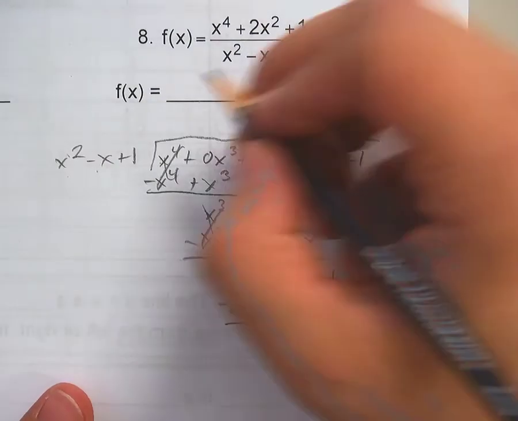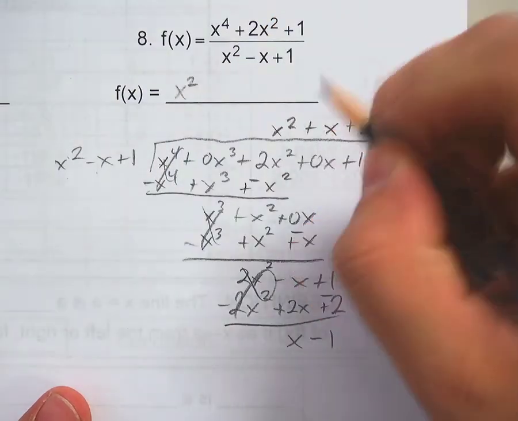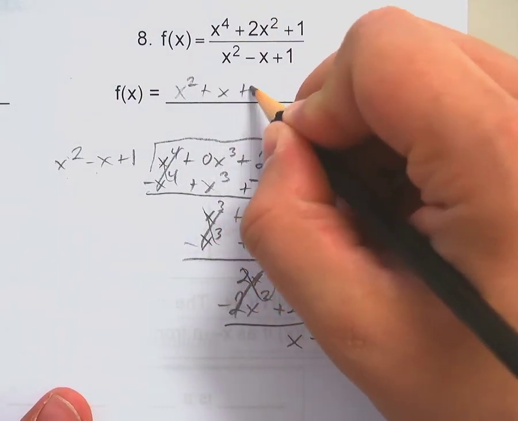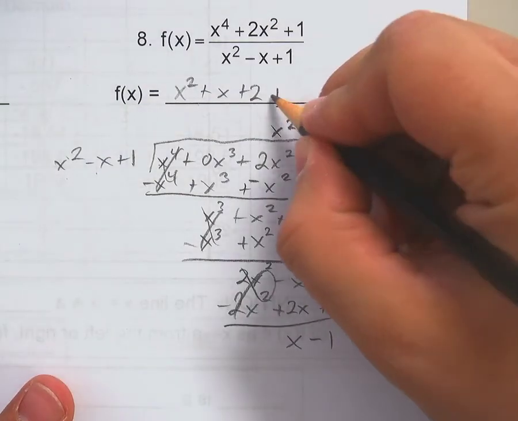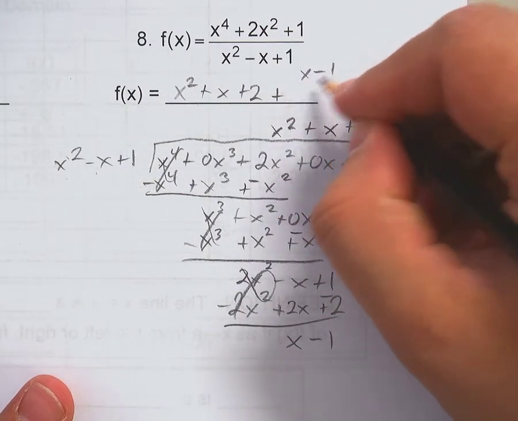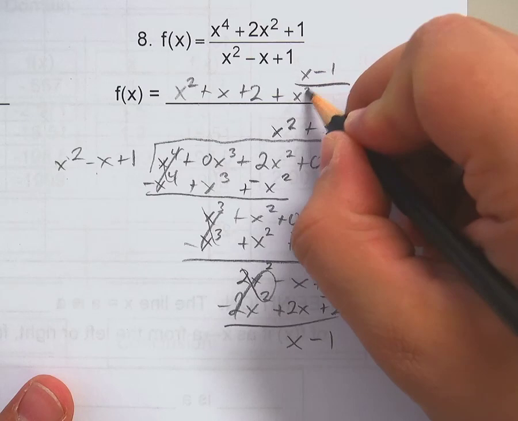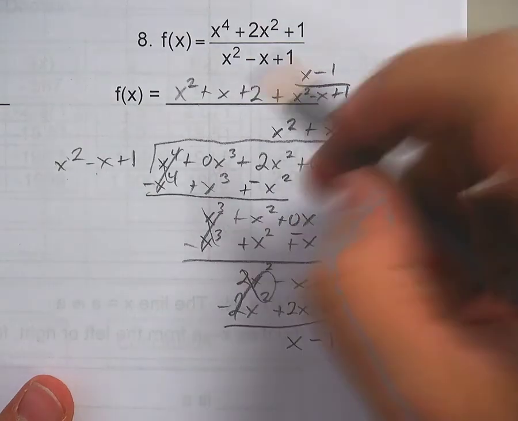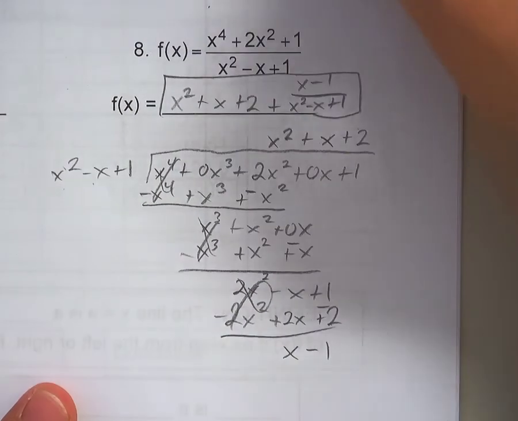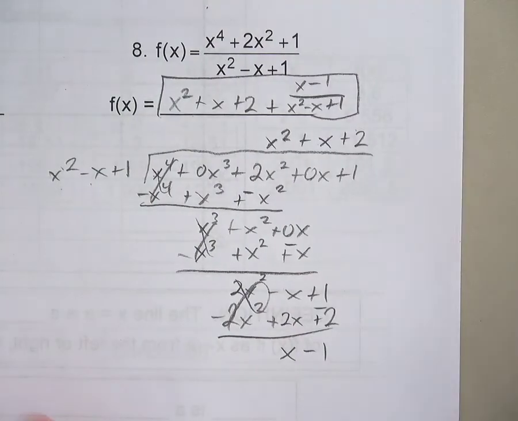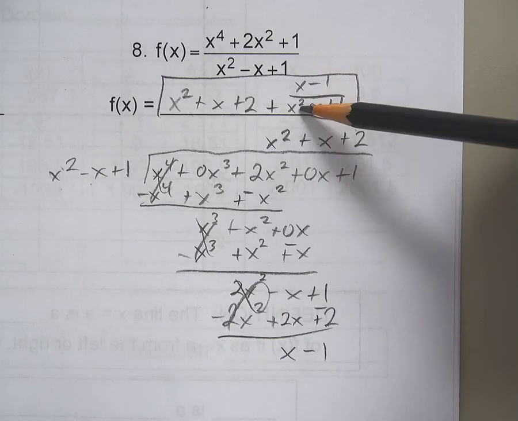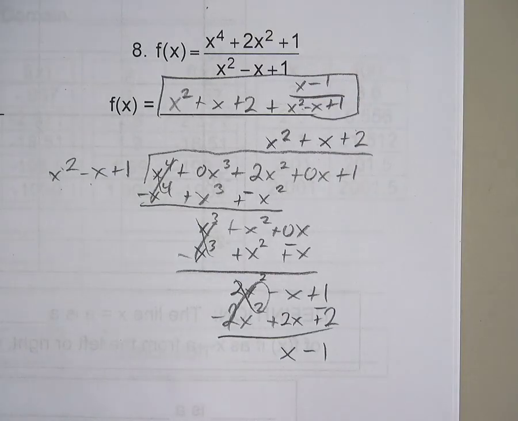So I'm going to rewrite this as x squared, this guy up here, plus x plus 2, and then plus x minus 1 over x squared minus x plus 1. And that's all she wrote. Notice it's bottom heavy now. I've got a bigger degree on the bottom. And technically this is the proper way to write things. Until you get to calculus, and then you get to throw all the rules at the wall and say, goodbye, rules.